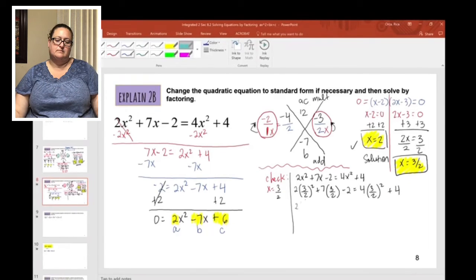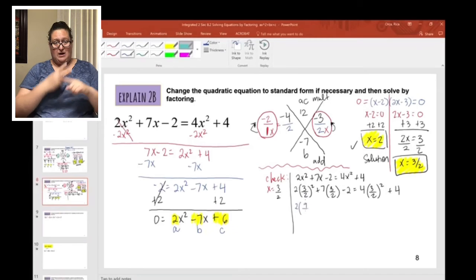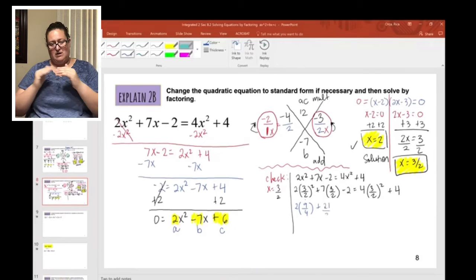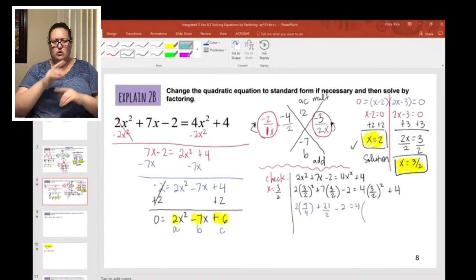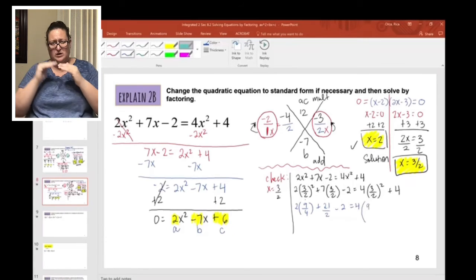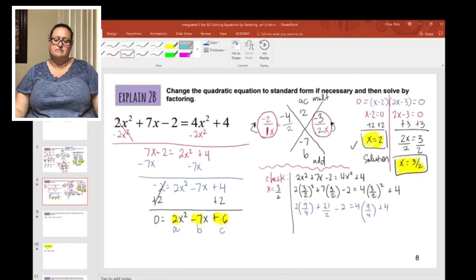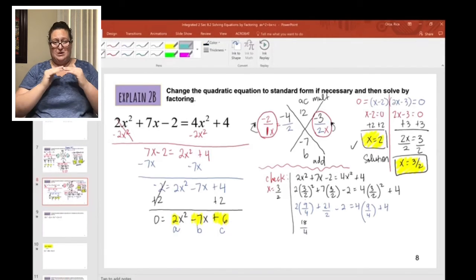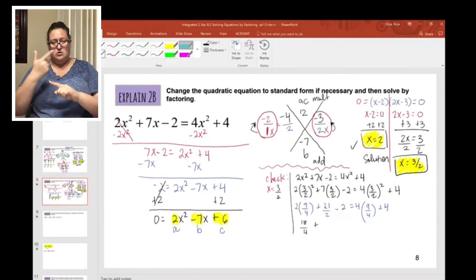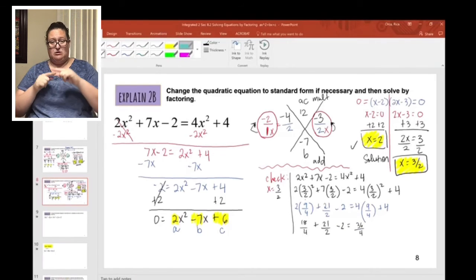So that's 2 times 3 halves squared is 9/4 plus 7 times 3 halves is 21 halves minus 2, which equals 4 times 3 halves squared is 9/4 plus 4. 2 times 9/4 is 18/4 plus 21 over 2 minus 2, which equals 36 over 4 plus 4.